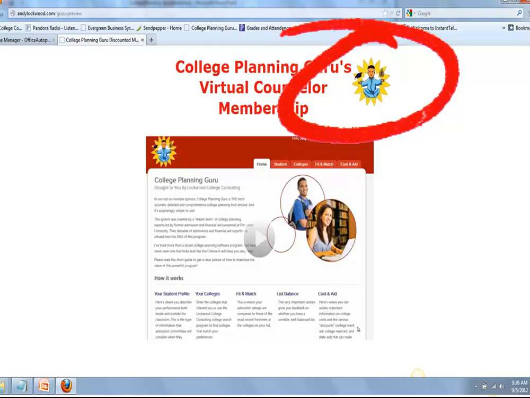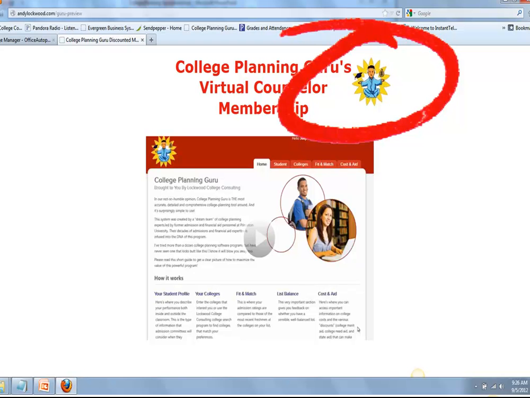Go ahead and enroll, and I am looking forward to getting you this information and helping you with the college planning process. I know you're going to love this membership. Like I said, you can't get access to this tool from your guidance counselor or anywhere else. It's really a special license that I pay thousands of dollars for. You can have it for less than $500, and you can use it over and over again.